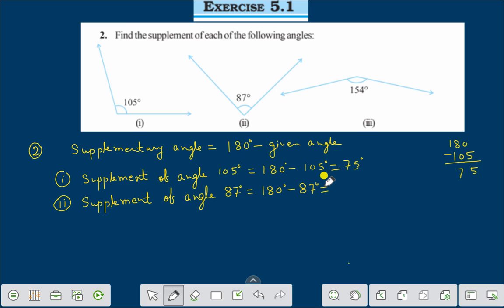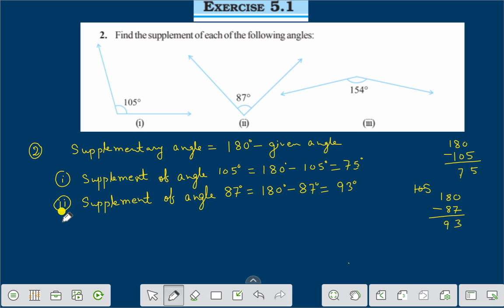If you subtract this, 180 minus 87, we get, 7, that is 3, 8 plus 1 is 9, that comes to 93 degrees. That comes to 93 degrees.